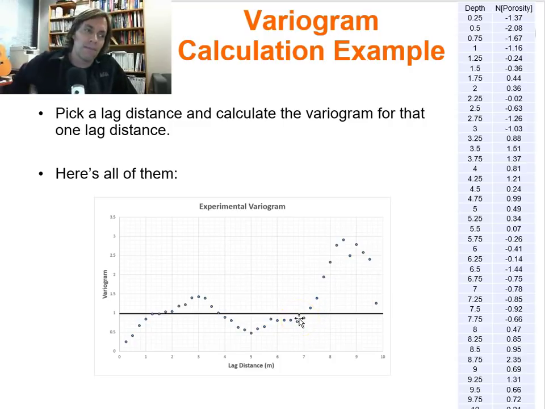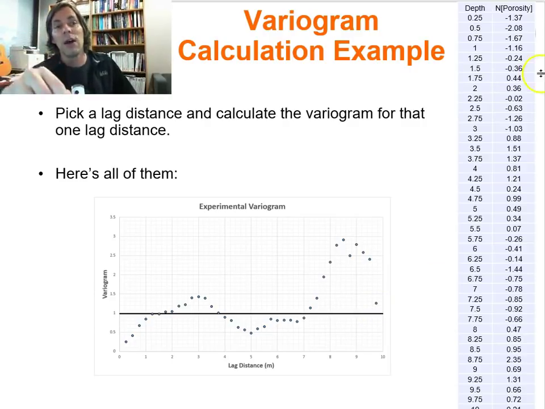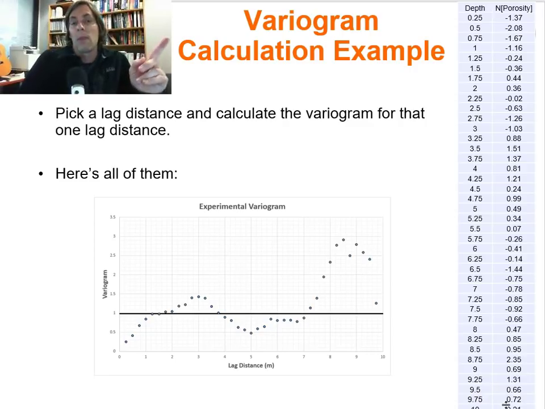So what's happening there? Well, if you look at this data set, there's only 10 meters of data. For sure, by the time you're getting to almost 10 meters, like 9.75, you're now comparing the very first sample with the very last sample for one pair. Well, one replicate does not give you a very stable statistic.